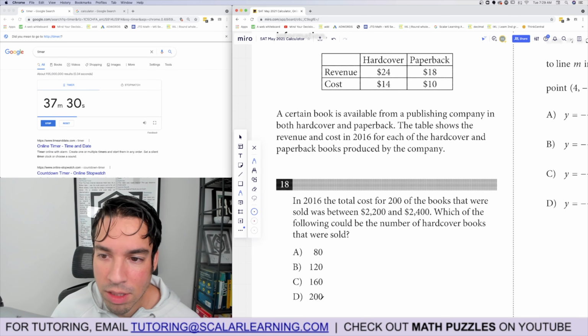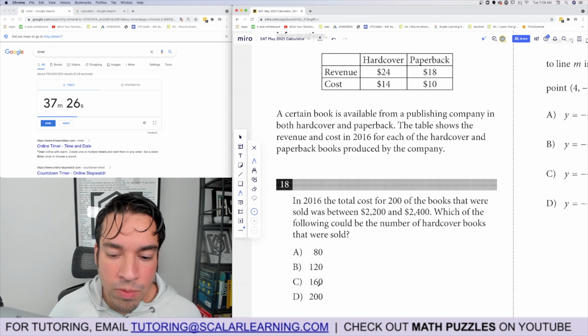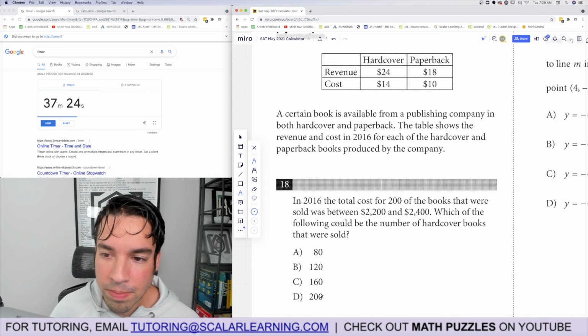Yeah, so right here, this is out because 200 times, oh, no, they're telling us 200 books. The cost for the 200 books. So if this is 200 times 14 is 2,800, that's beyond that.